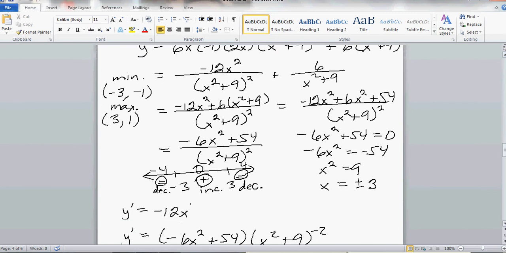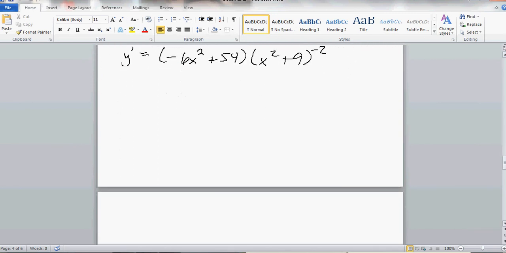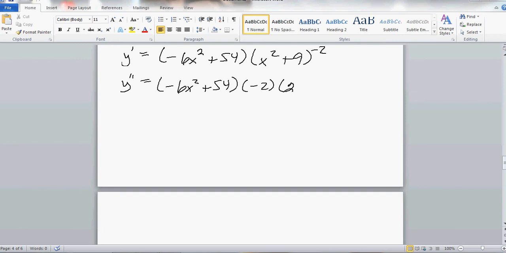in user-friendly form. So let's see how we would find y double prime. Y double prime equals, leave the first alone, negative 6x squared plus 54. And take the derivative of this, which means the exponent, the derivative of the inside, and leave the inside alone, but just affect the exponent.